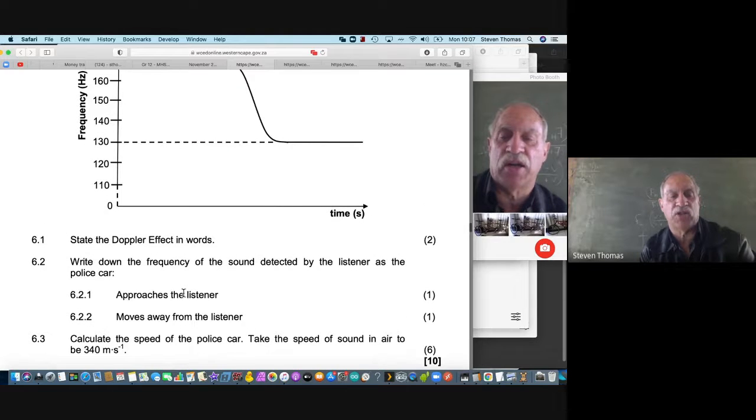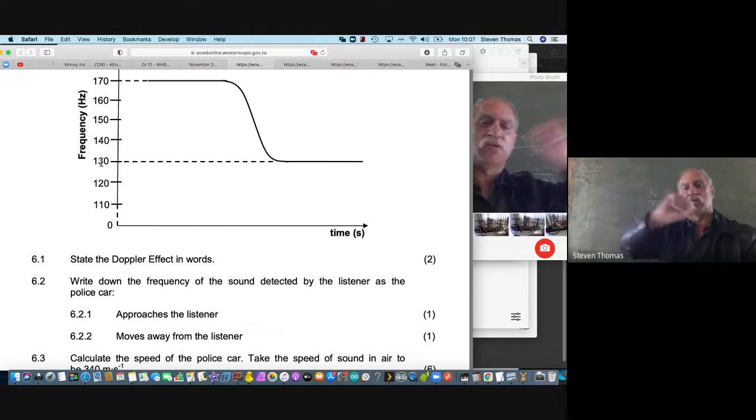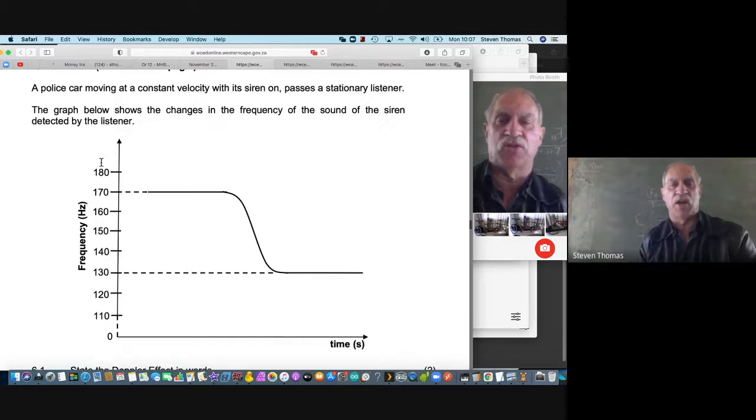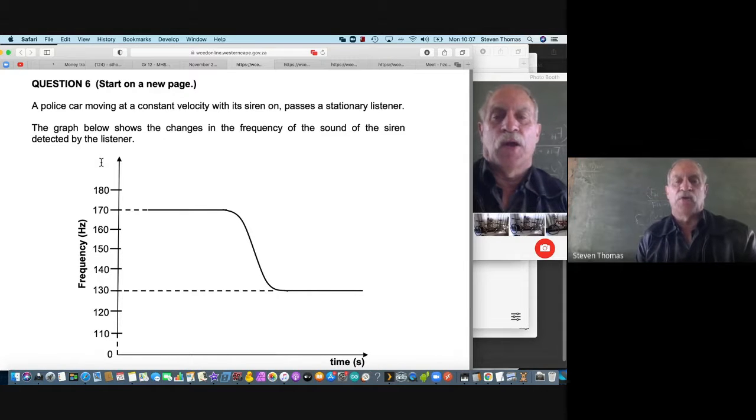Like I said, you're going to create 2 simultaneous equations, one with this frequency, one with that frequency, labeled 1 and 2. Don't forget that your listener is stationary and that your source is moving.